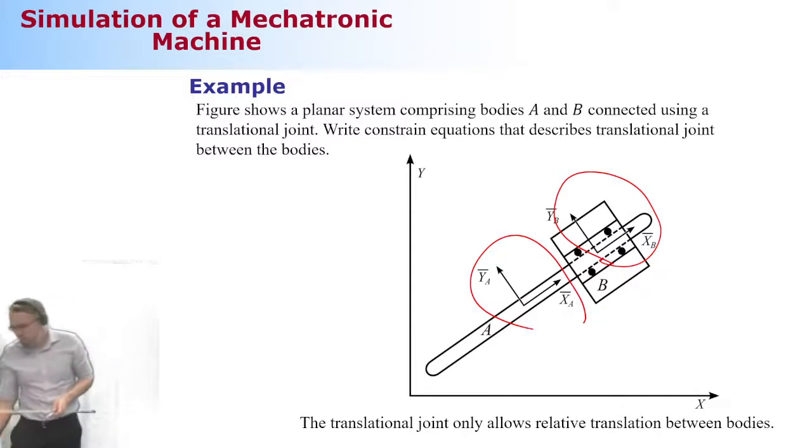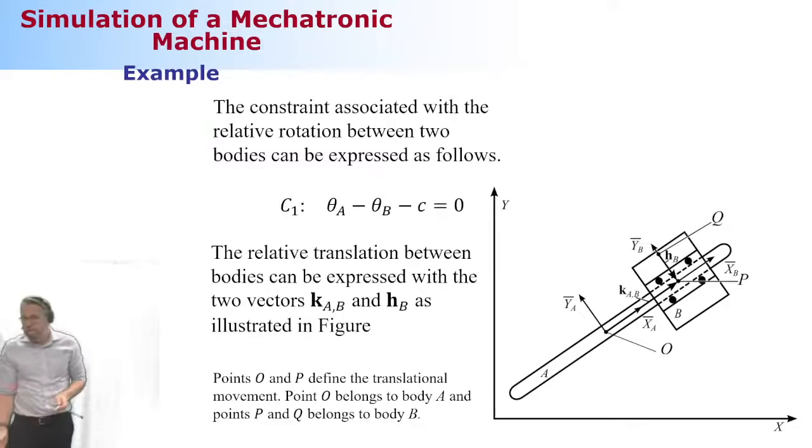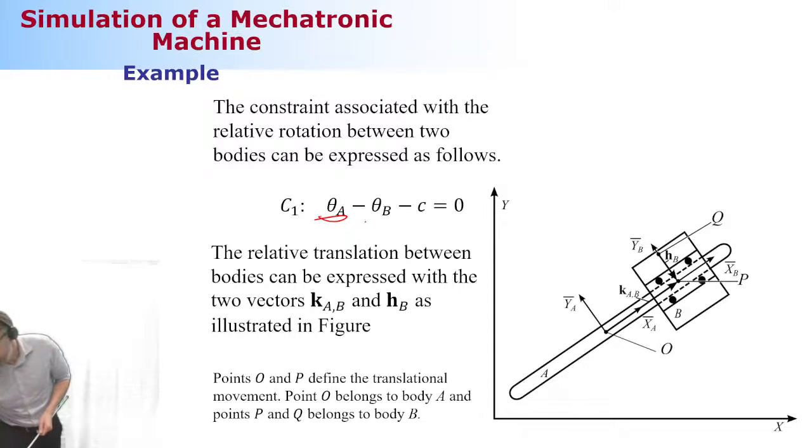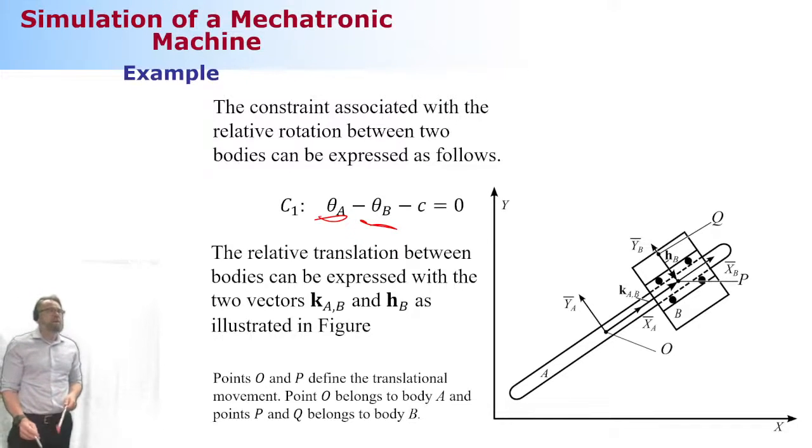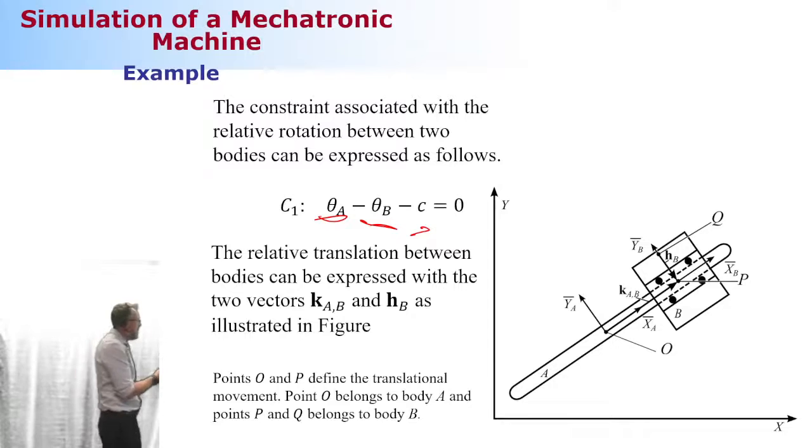So the first constraint equation is very simple. I just say that the angle of body A minus the angle of body B needs to be constant. Constant here I'm calling C. If it is 0, like in the case according to the figure here, C is equal to 0. That's your first constraint equation.